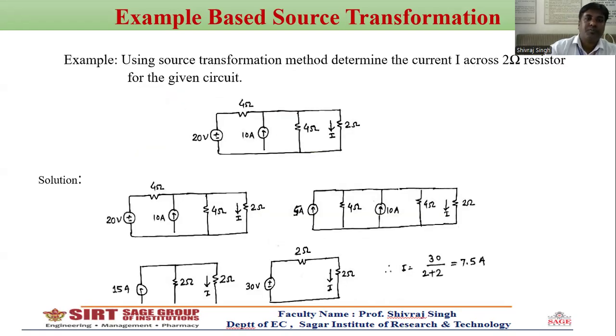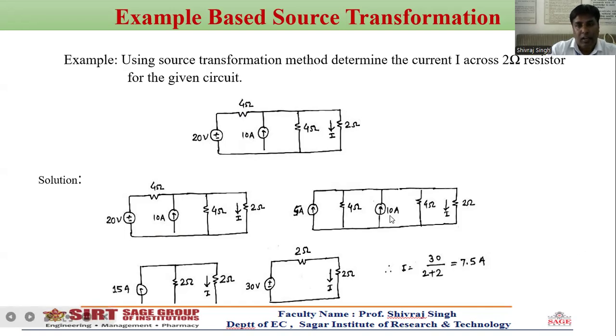Next, second example: using the source transformation method, determine the current I across the 2 ohm resistor. So here we find the current I across the 2 ohm resistance. The circuit is simplified as follows. The voltage source is replaced by a current source, that means 20 upon 4 equal to 5 ampere, with the 4 ohm in parallel.